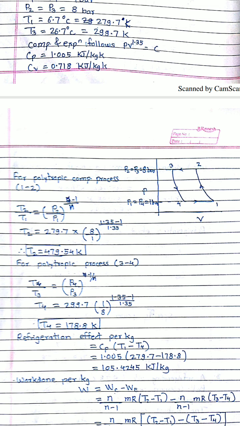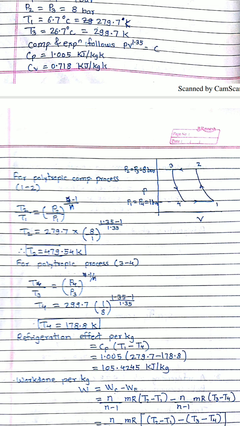So consider process 1 to 2. The process is a polytropic process, and for a polytropic process the relation between temperature and pressure is T2 upon T1 is equal to P2 upon P1 raised to, previously we have written gamma minus 1 upon gamma, but here the process is polytropic, so we can write P2 upon P1 raised to n minus 1 upon n.